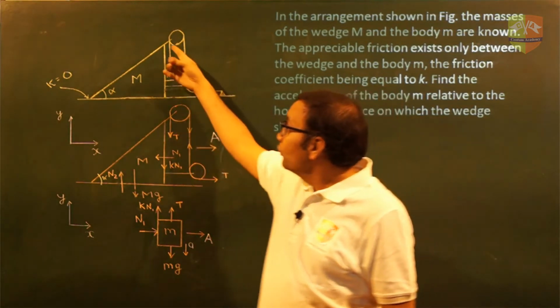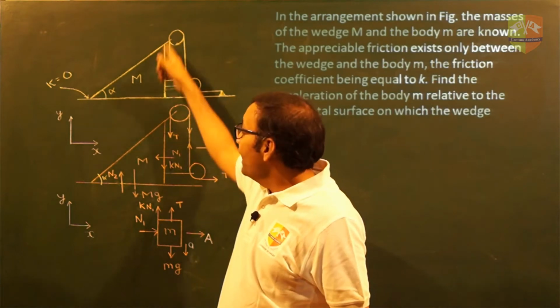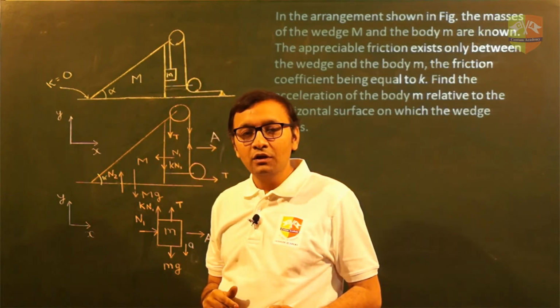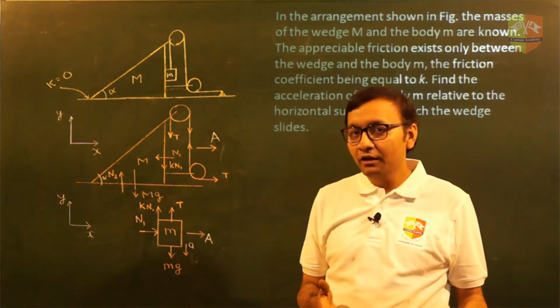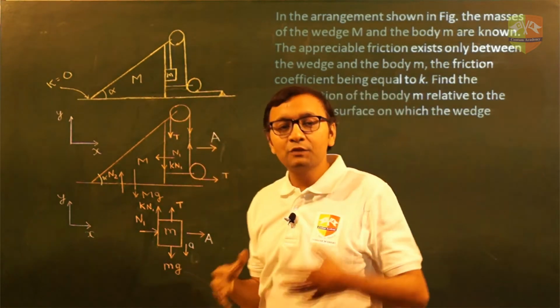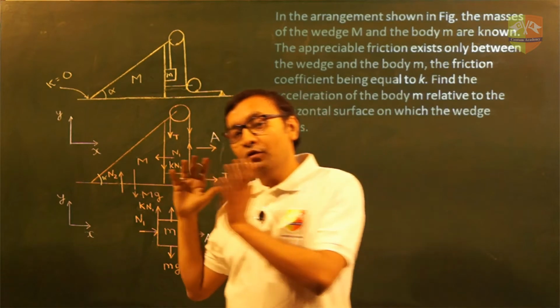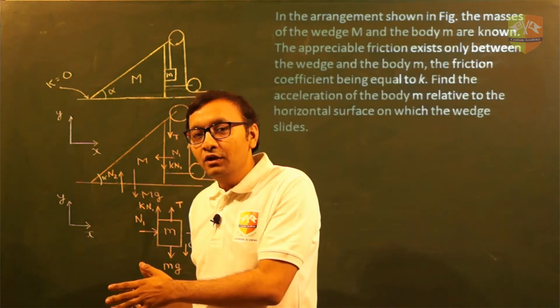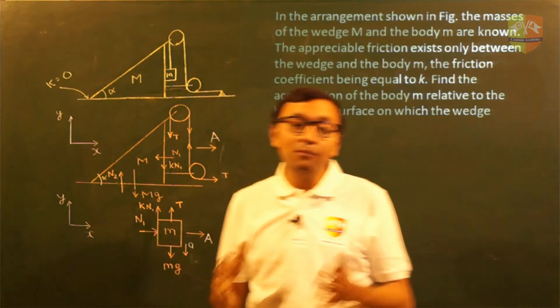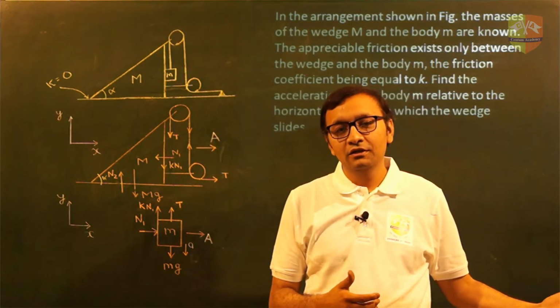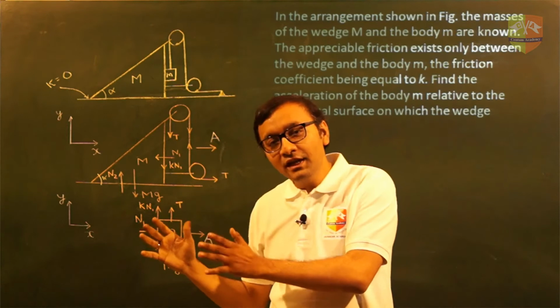Now suppose you come from there and stand on the ground. If you stand on the ground, you will not move with the wedge, right? So the wedge along with small m will move on your right hand side. So both capital M and small m are moving together on the right hand side.